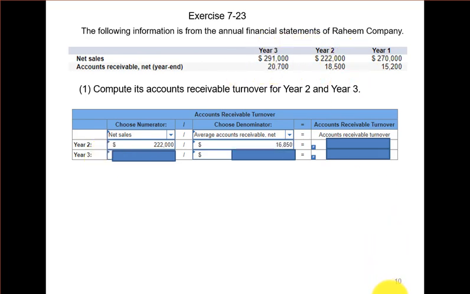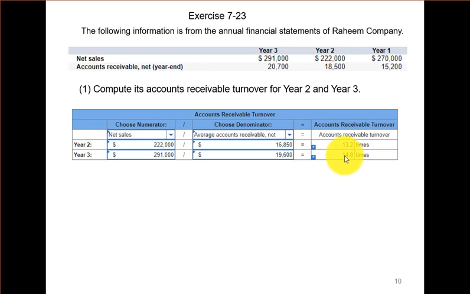So we've got 16,850, and that gives us a receivables turnover of 13.2. For year 3, we've got the sales and the average accounts receivable, and it looks like our receivables turnover in this case would be 14.8. So in year 2, it was 13.2.